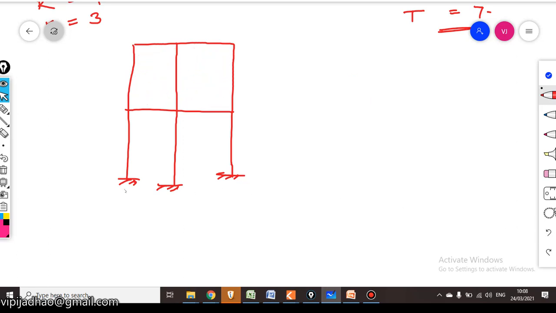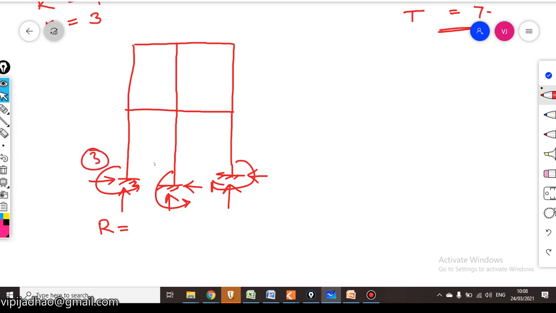We'll be having three reaction components at each support, that is one vertical reaction, one horizontal reaction and one moment. We'll again have one vertical, one horizontal and one moment at this support, and again at the third support. So the total number of unknown reaction components will be 3 here, 3 again here, and 3 here, so 9 in total.